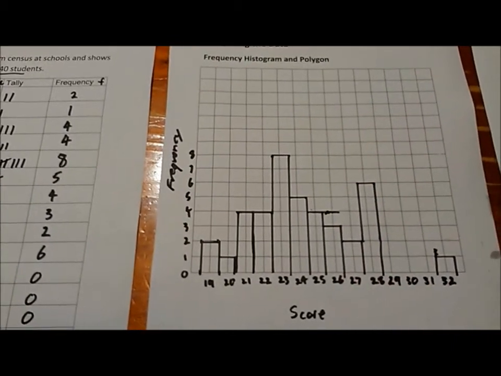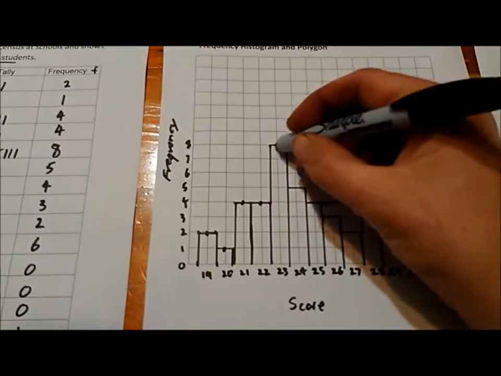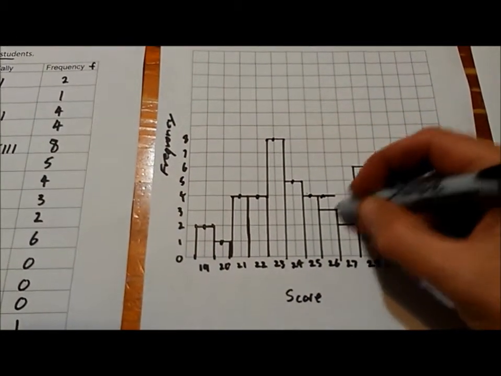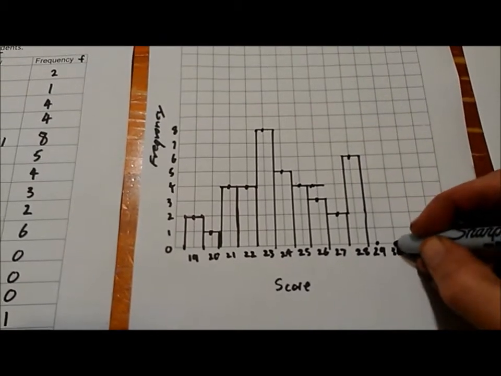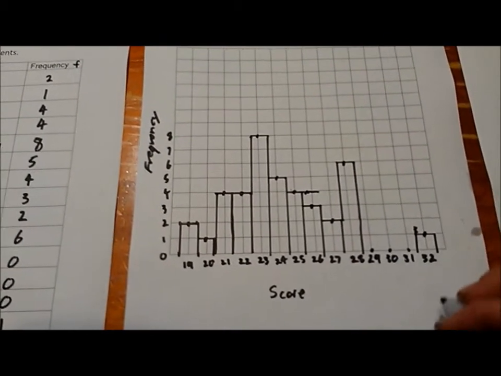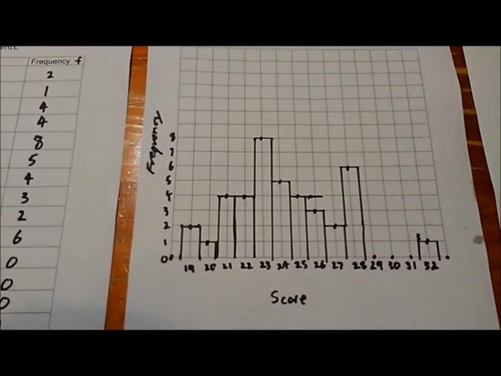Now to draw the polygon, a couple of little errors there that I'll have to get rid of. To draw the polygon, I want to connect all the centres up with a line graph. So a polygon is in fact just a line graph. I want to start my polygon at 0, and I want to finish half a gap afterwards as well.